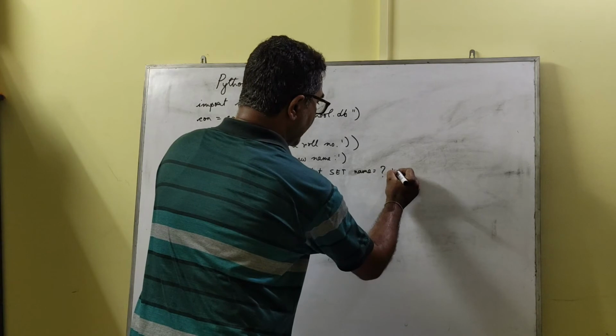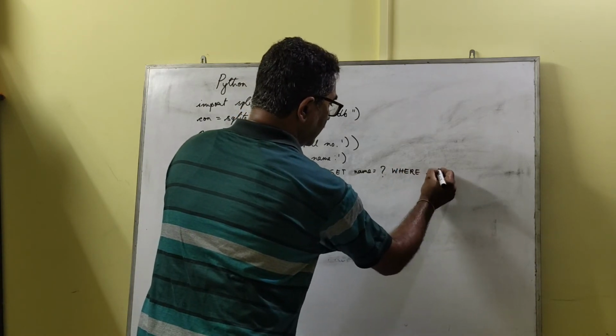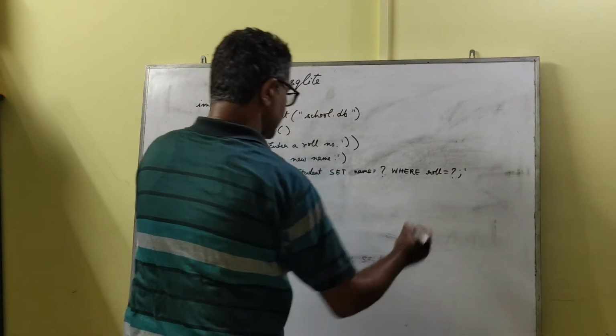Name equal to this, where roll equal to this. So this is the query which we are going to insert.